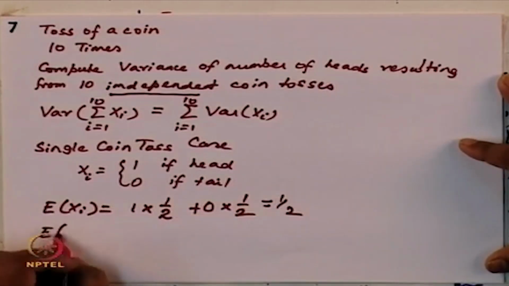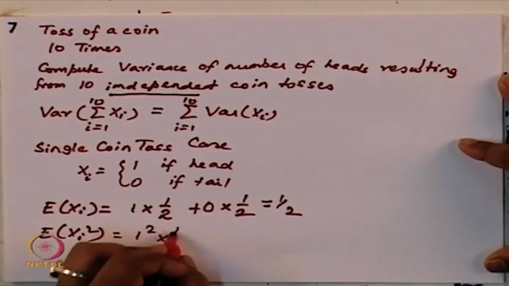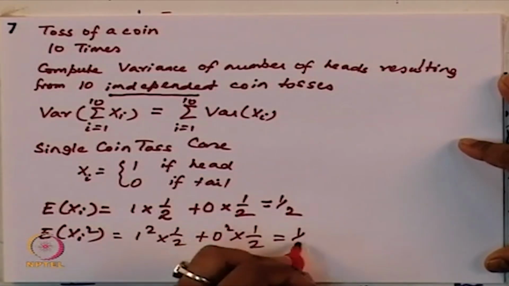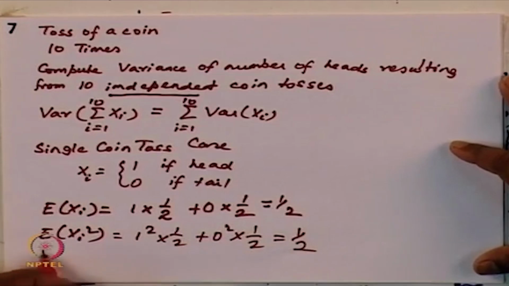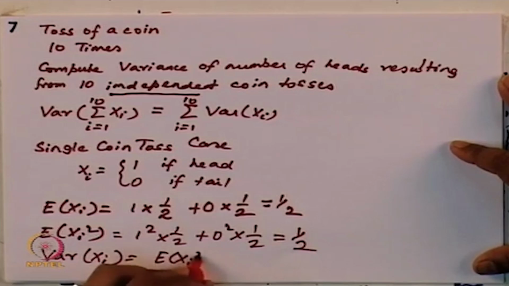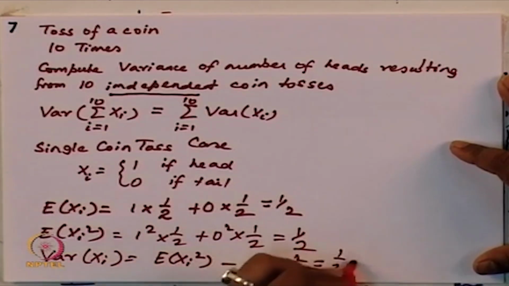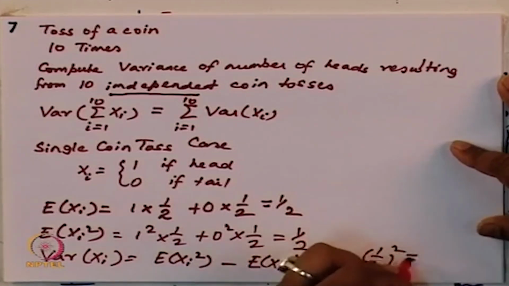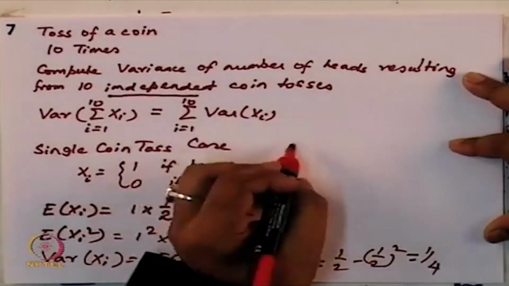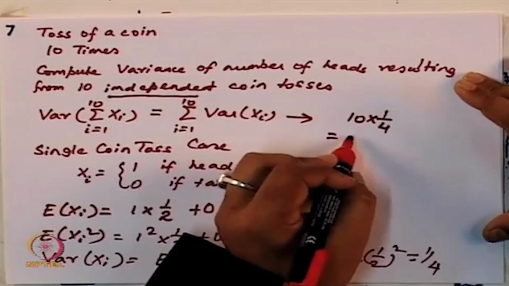I can write E of xi square also, which is 1 square into half plus 0 square into half, simply half. Okay. So, my variance of xi is E of xi square minus E of xi whole square, equal to half minus half square, equal to 1/4. Okay. So, thus this variance becomes 10 into 1/4, which is equal to 5/2.